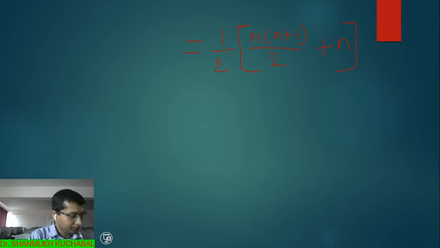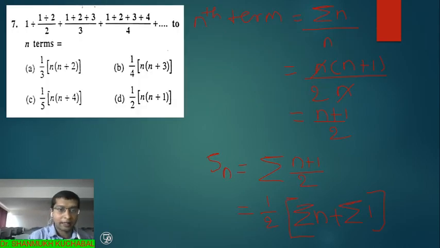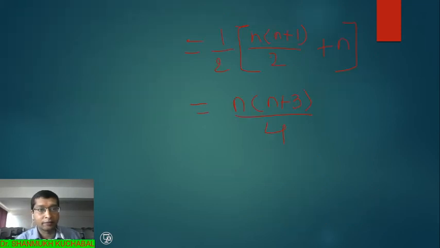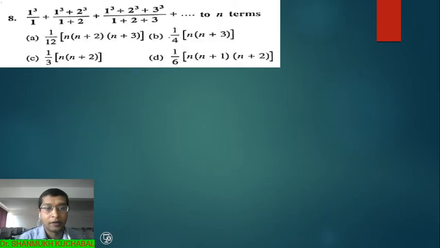Okay, so if we simplify this expression, we get the solution as n into n plus 3 divided by 4. Therefore the right answer is n into n plus 3 divided by 4. Therefore option B is the right answer. Option B is the right answer. So we'll move to our next example.